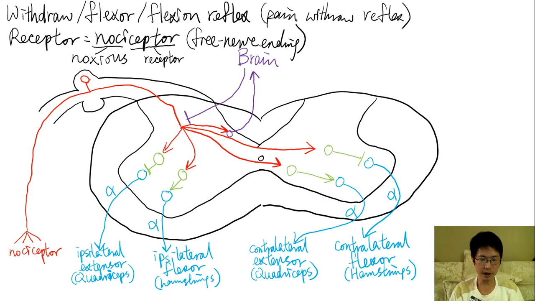I'm running out of space here, so I'm not going to write it, but all these are basically polysynaptic, or disynaptic. We call it polysynaptic or disynaptic here. It doesn't matter which one you use.